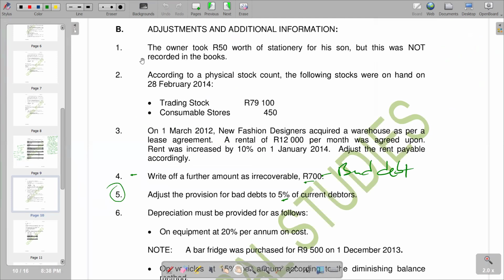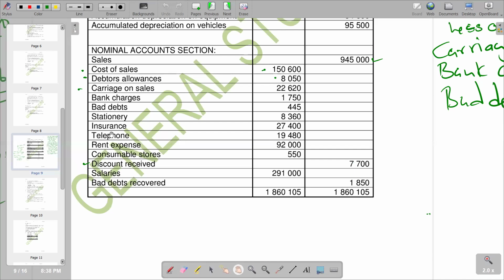But if you go to item 1, the owner took 50 rand worth of stationery for his son, but this was not recorded in the books. If something is taken for personal use, like taken for his son in this case, it becomes drawings. So we are going to subtract this 50 from the figure that we have for stationery, which is 8,360, and then we get the figure of stationery that was used.